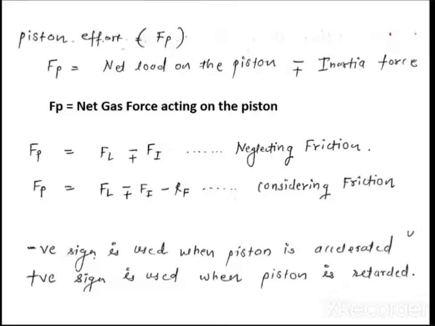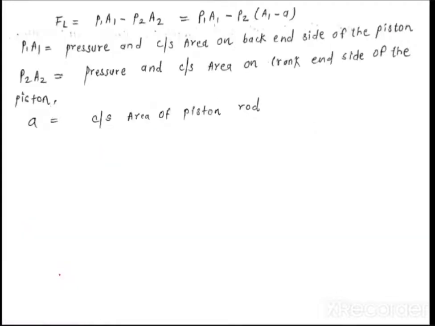Now the negative sign is used when the piston is accelerated. This I have already told. See, during the acceleration phase, this Fi will oppose the FL, so use a negative sign. During the retardation, FL will assist this Fi, so use a positive sign. So these I have already explained. Next, how to calculate this FL?